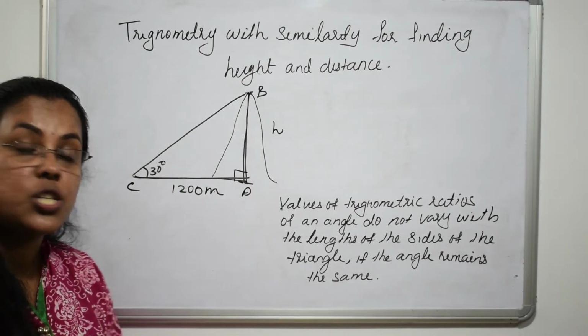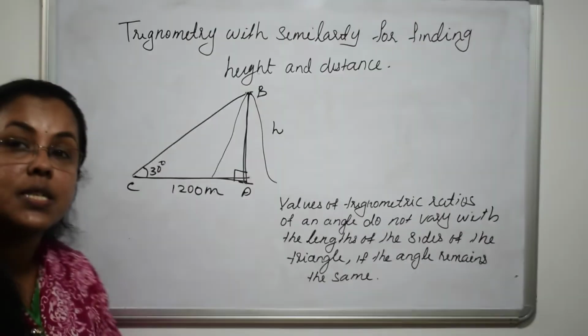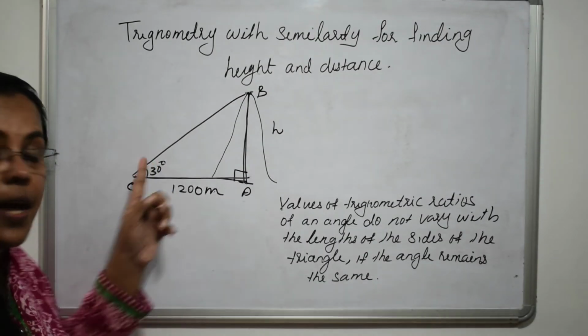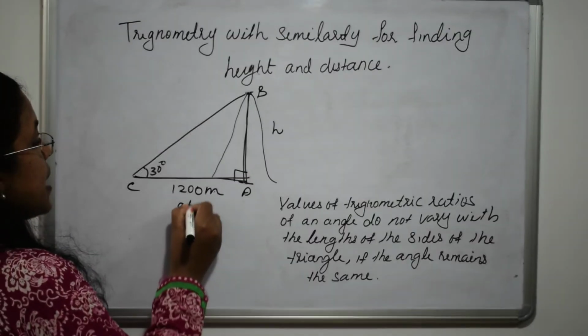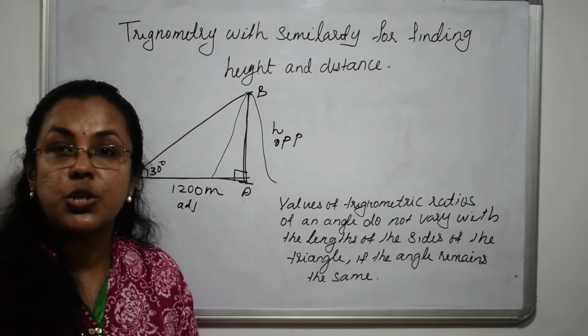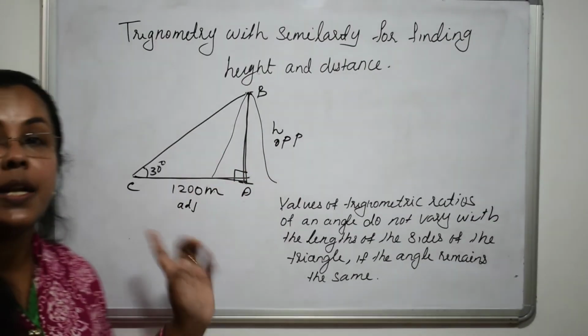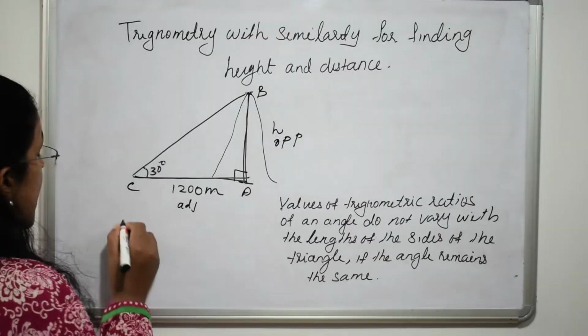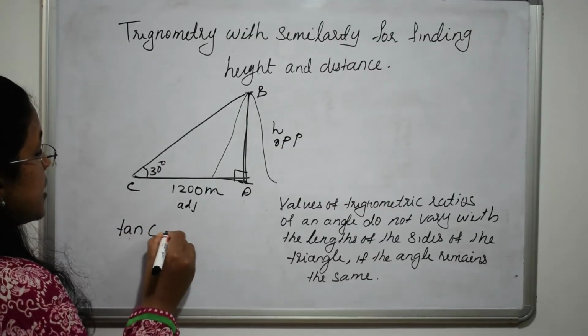With respect to this angle, this is the adjacent side and this is the opposite side. Which trigonometric ratio connects opposite side and adjacent side? Exactly. That is tan C.